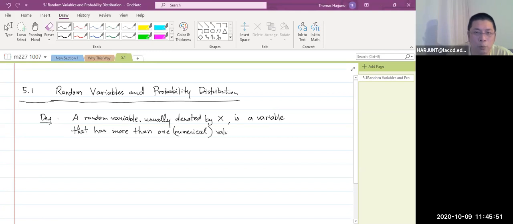The word value is supposed to be numerical, but some other people define the word value as something else in statistics. Each value comes with a probability to occur.